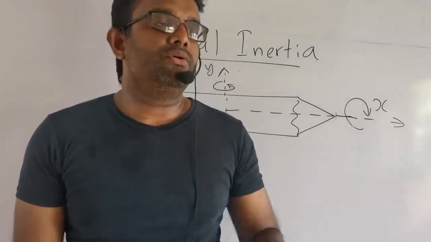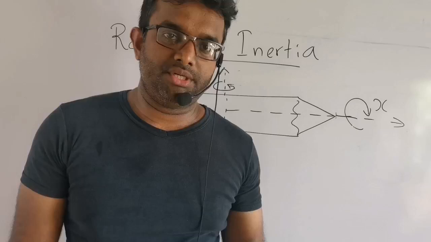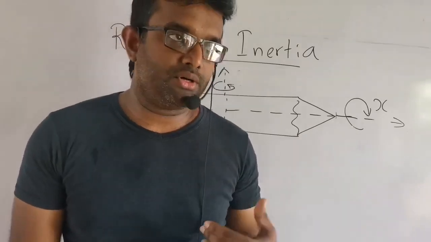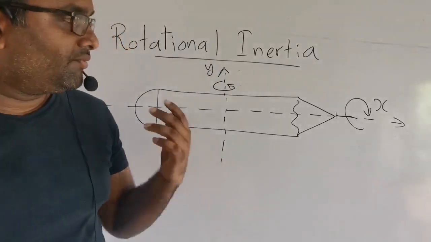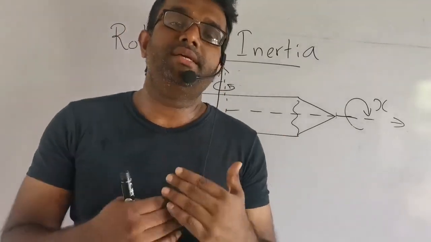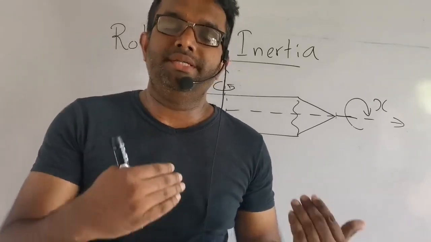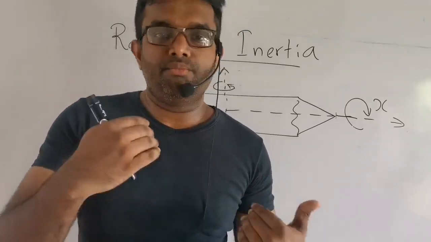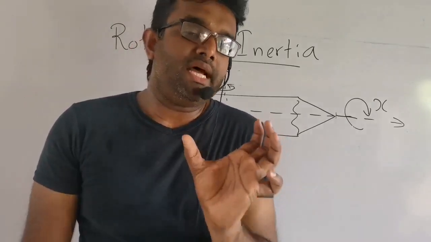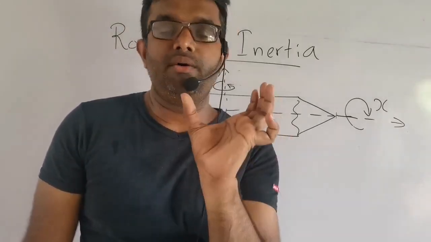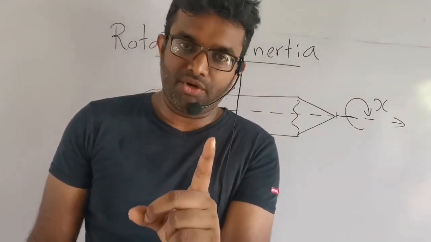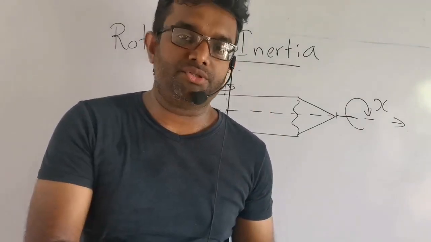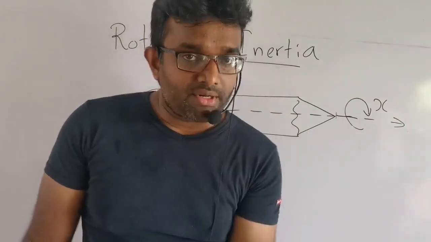So when we come to rotational motion, what is rotational inertia? That is the tendency to change the state of rotational motion. That depends upon two things: one is the mass of the object, as in linear motion, but there is another one.